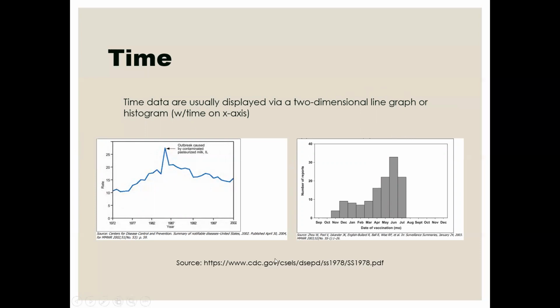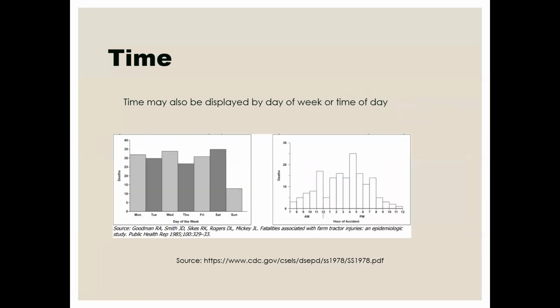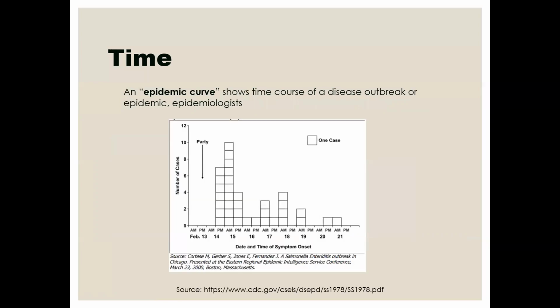So we're tracking time, right? Day of the week, depending on the rapidity of spread of the disease, time could be a week, time could be an hour, a day, a month, a week, right? How fast diseases are transmitting indicates how we track time.